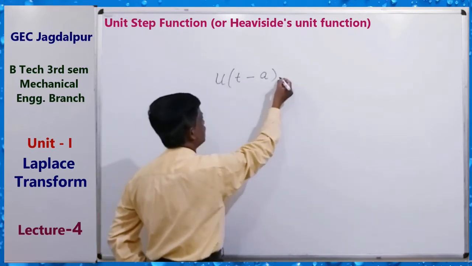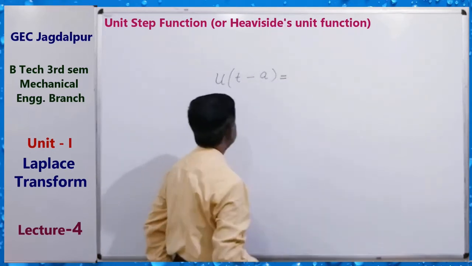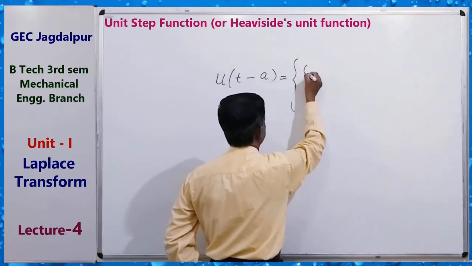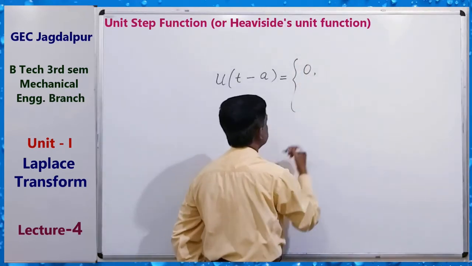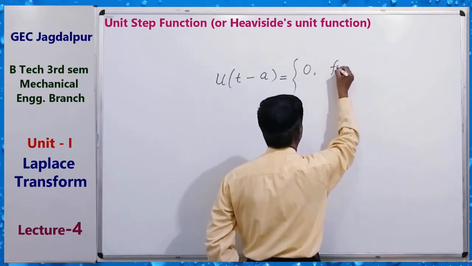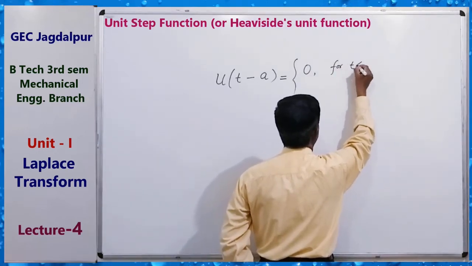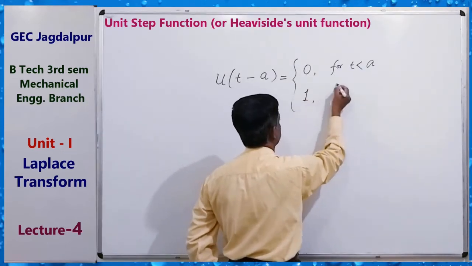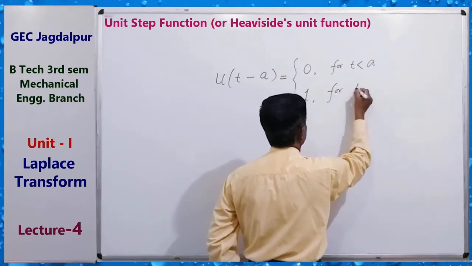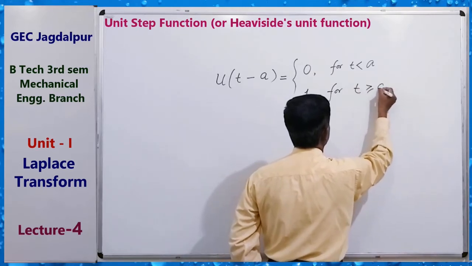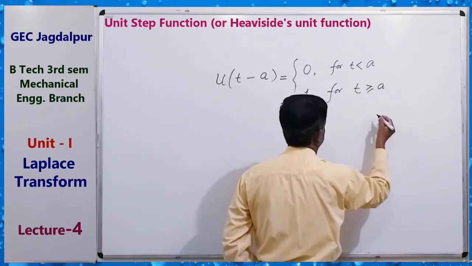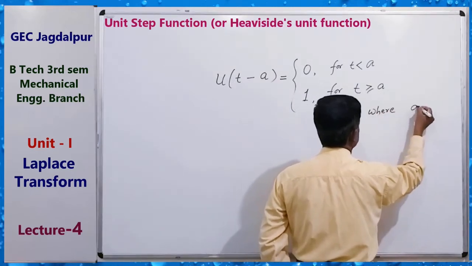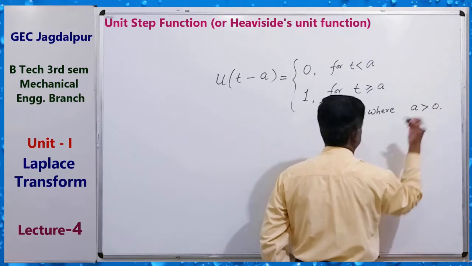Also it is denoted by h(t minus a), and defined as value 0 for t less than a and 1 for t greater than or equal to a, where a is always positive.